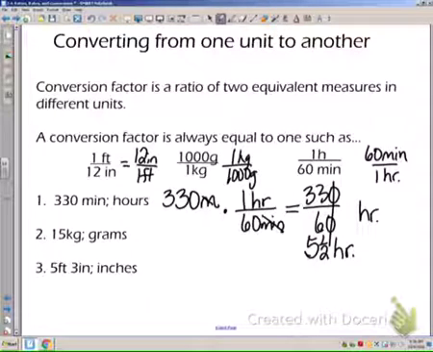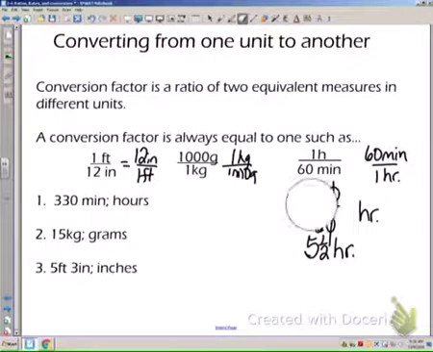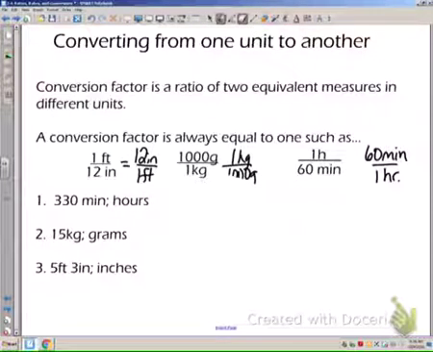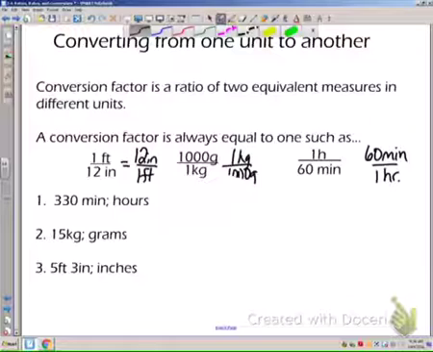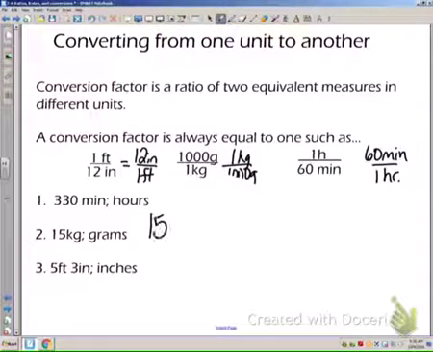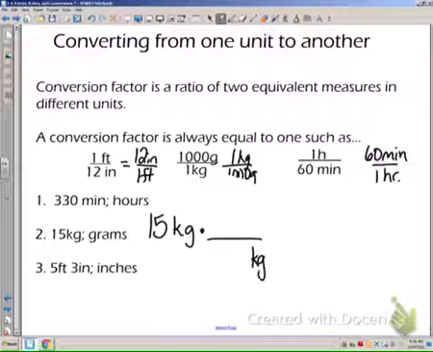Okay, let's try another one. I didn't allow myself very much room, did I? Okay. I'm wanting to convert kilograms into grams. So I've got 15 kilograms, and I know that I want the kilograms to cancel out, so I'm going to have kilograms on the bottom. So let's look. 1 kilogram is to 1,000 grams.